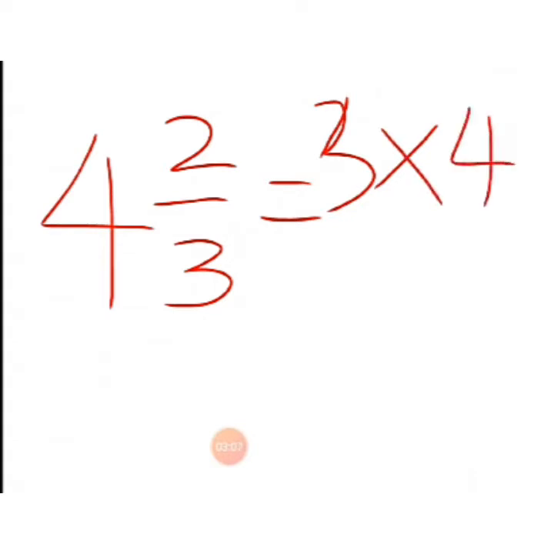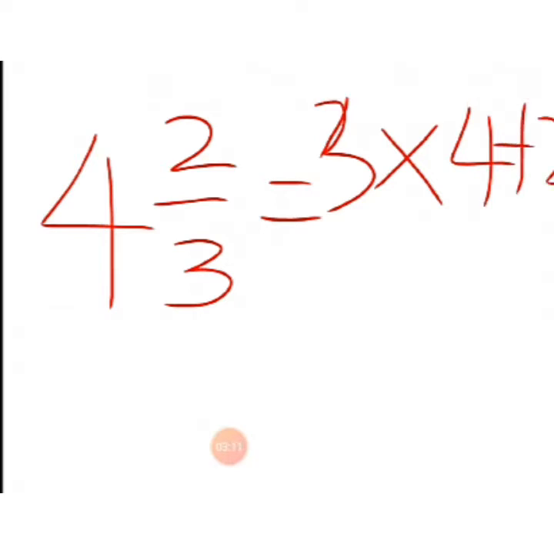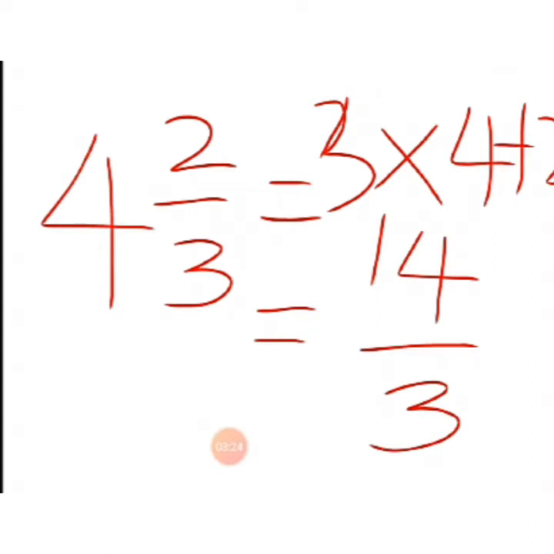When you have your answer, you add it to the numerator. What did I do? 3 times 4 is 12. 12 plus 2 is 14. So we'll be having 14 over 3. The denominator is always the same. We have converted the mixed fraction to an improper fraction.